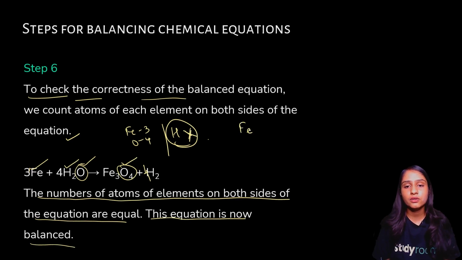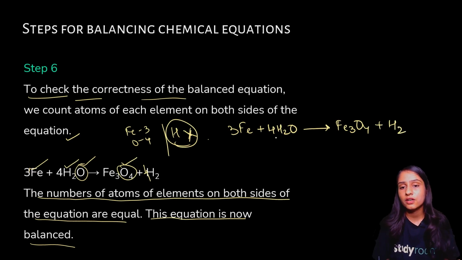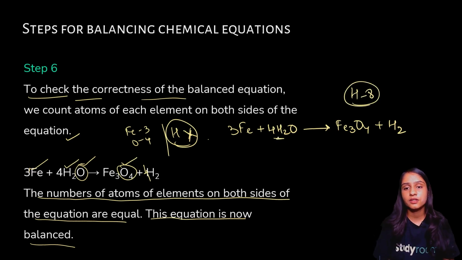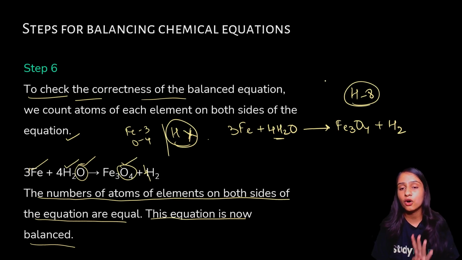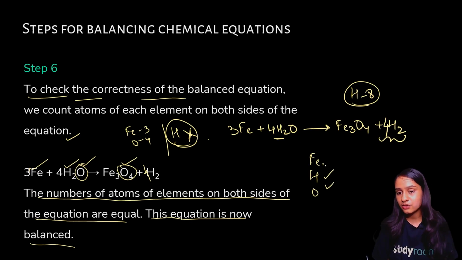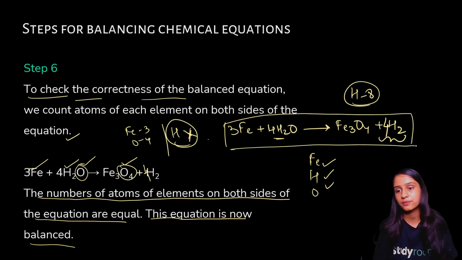So what will you do in order to balance this equation? What got left? 4. The number of hydrogen atoms should be 8 because there are 4 hydrogen molecules. So here also you will add 4 in order to have 8 atoms of H on both sides. So Fe, H and O are balanced. Now you can see that this is the perfectly balanced chemical equation.